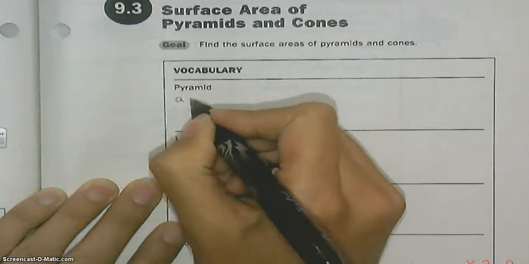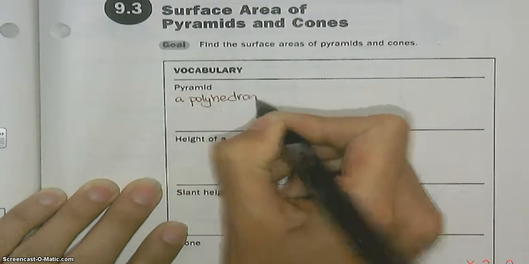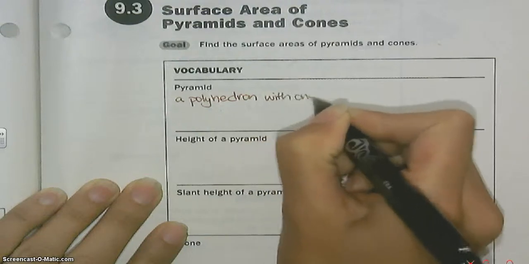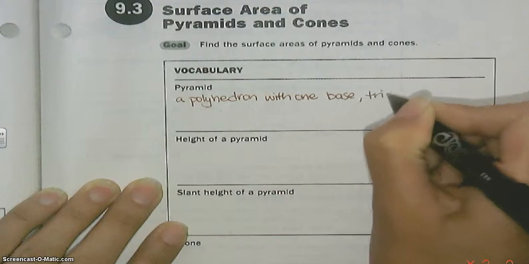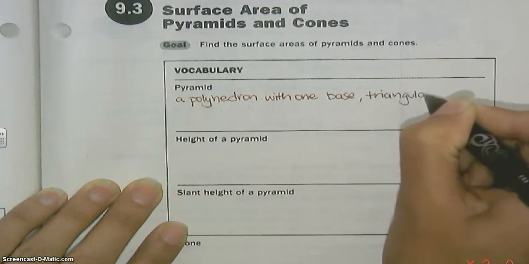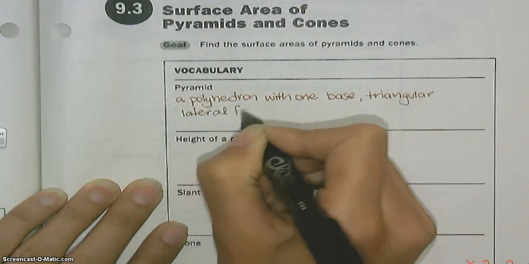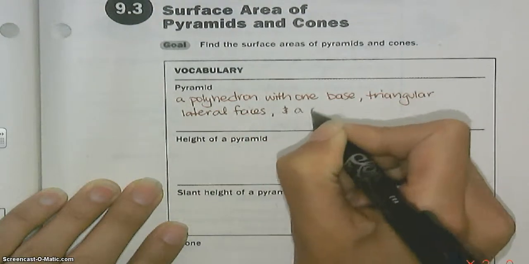A pyramid is a polyhedron, so it's all straight, with one base, triangular lateral faces, and a common vertex.